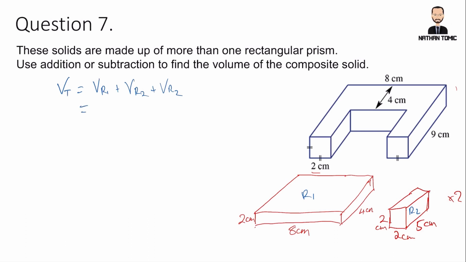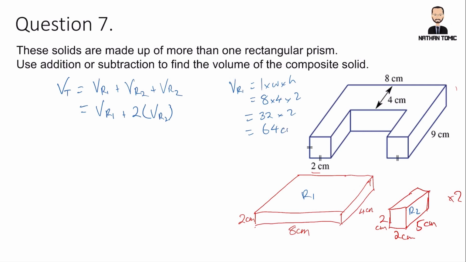Another way to write that would be volume of R1 plus 2 times volume of R2, because we've got 2 of them. Okay, so that would be another way I could write that. If we go ahead and work out what these are, so the volume of R1 is equal to length times width times height, don't forget, which is equal to 8 times 4 times 2, which is equal to 32 times 2, which is equal to 64.